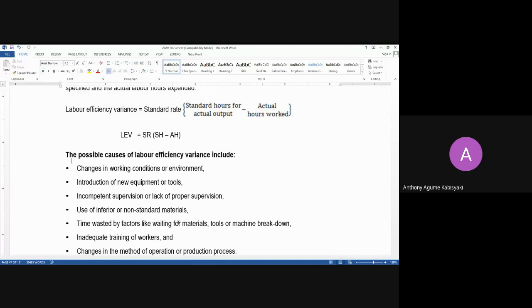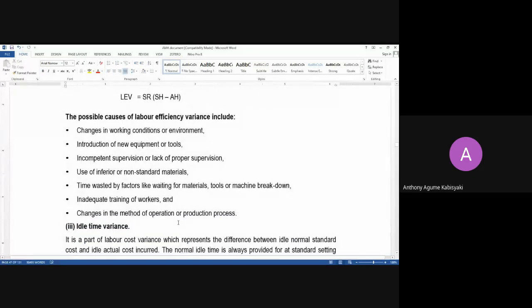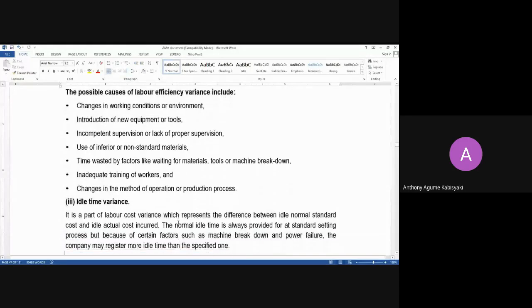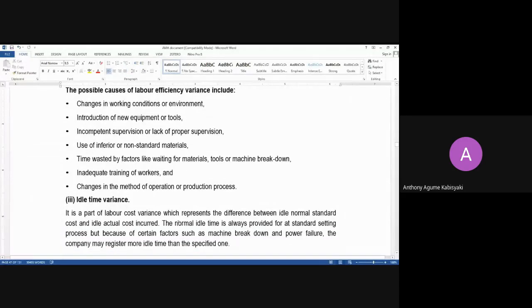Inadequate training of workers, and also change in the method of operations or production process. So all those could be the possible causes of labor efficiency variance.